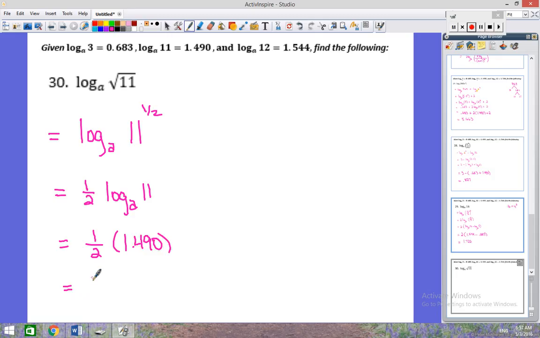And now we just take half of that. So again, I didn't want to make a silly arithmetic error, so I'm using the calculator. I've got 0.745 as my final answer.